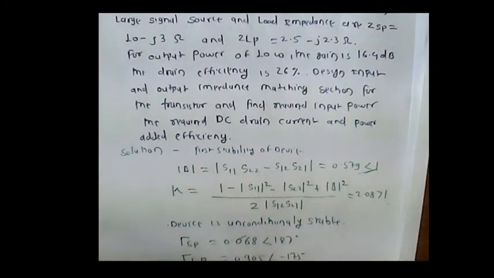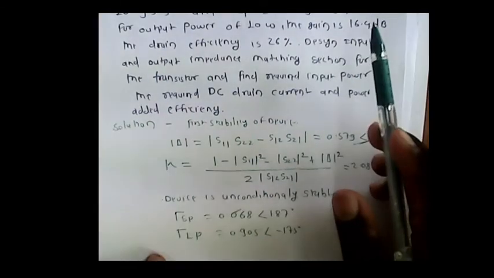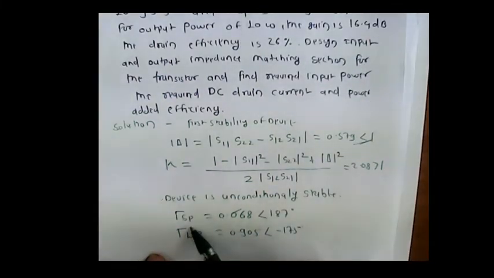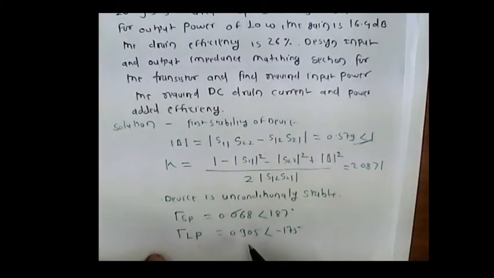Then we can convert the large signal source and load impedances into reflection coefficients. The source side and load side impedances are converted into large signal reflection coefficients gamma S and gamma L, which come out as 0.668 at angle 187 degree and 0.95 at angle minus 175 degree.